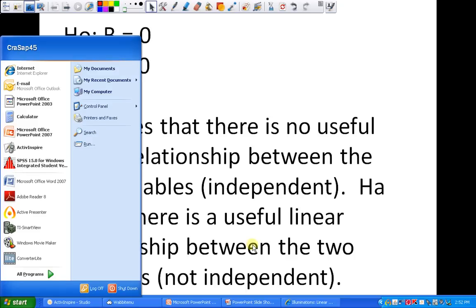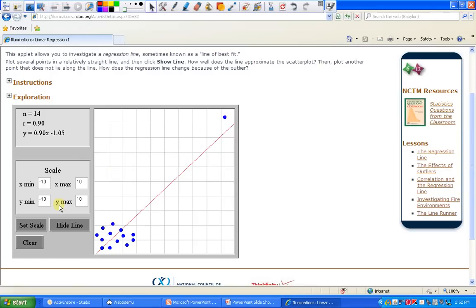Okay, so let's show this first. Okay, if the slope is 0, which the slope is 0 here, what we're saying is even when x got larger, y didn't change. So y is not dependent on x. So that's what we're testing here.